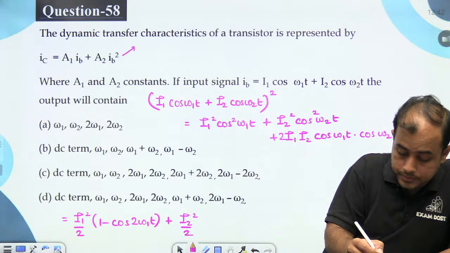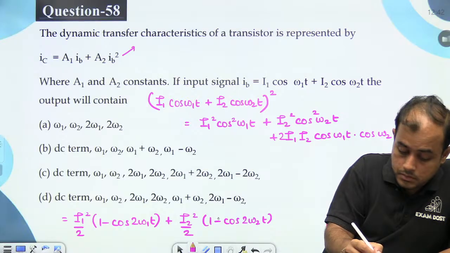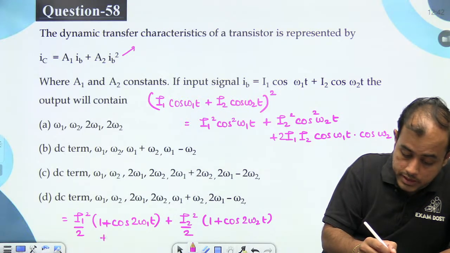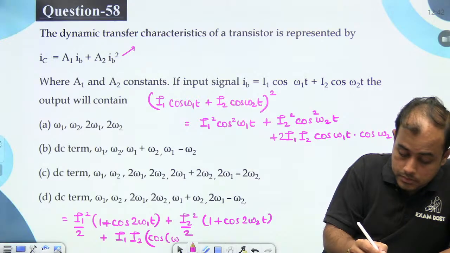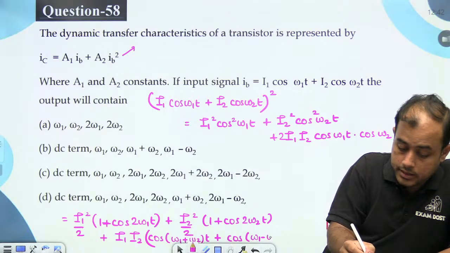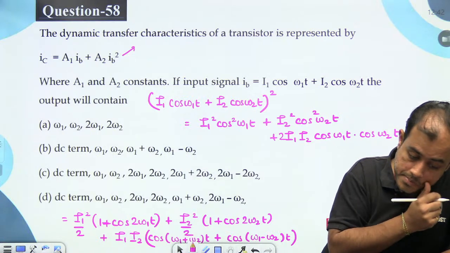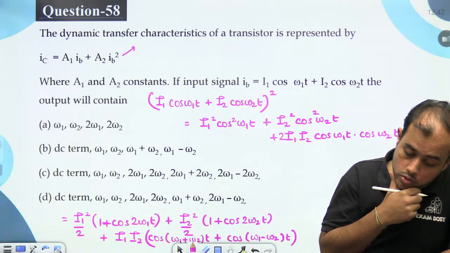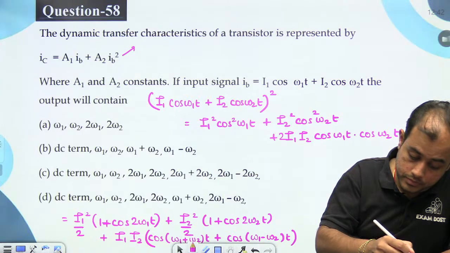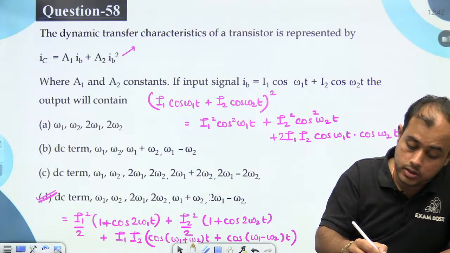I2 square by 2, cos A cos B, cos A plus B, cos A minus B. Two omega 1, 2 omega 2. ये जो है ना omega 1 minus omega 2 आएगा.